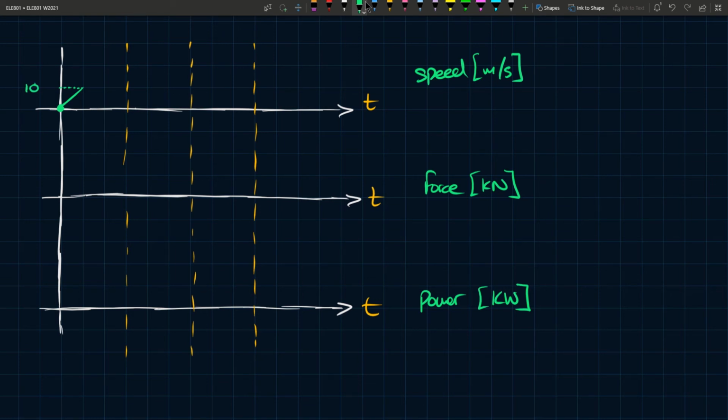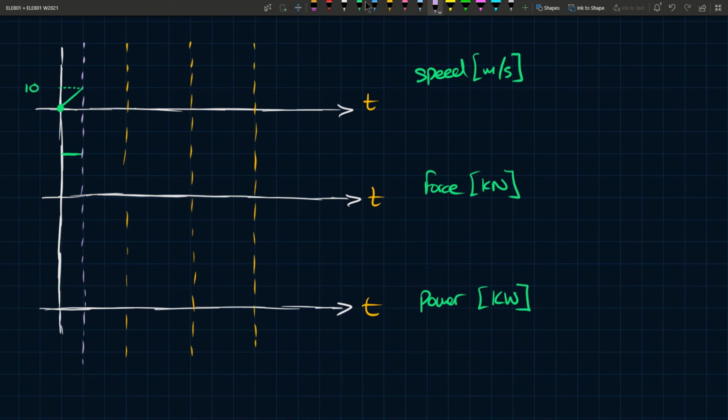So we have a linear increase from 0 to 10 because we have a constant force from 0 to 10, right? So if we have a constant force from 0 to 10, then this thing here is constant force, right? And I'll mark this off with a second color. That is your time to the base speed.